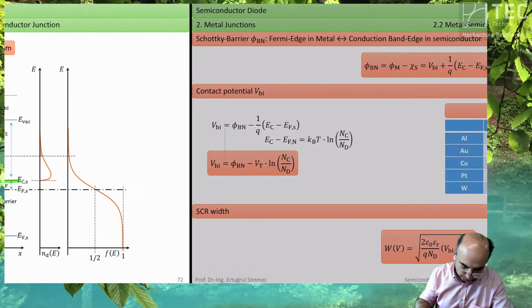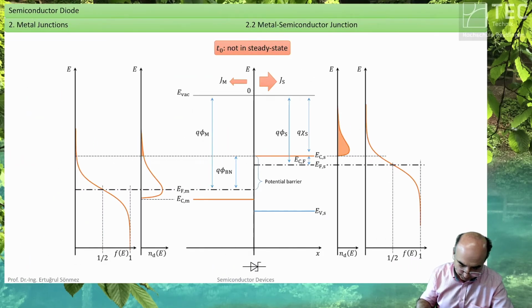I have forgotten to place the name here inside. That's also the work function. XS, I wanted to say. It's the Elektronenaffinität, the affinity of electrons. It's referred to the conduction band edge. The work function is referred to the Fermi level, and the affinity is referred to the conduction band edge.